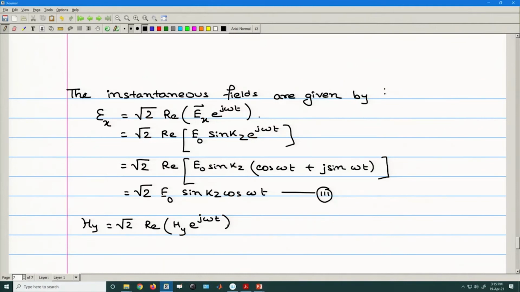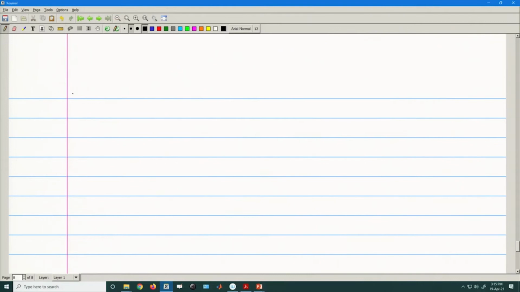So we will write root 2 real part of j E naught by eta cos of kz, and then e to the power j omega t, which we write as cos of omega t plus j sin omega t.